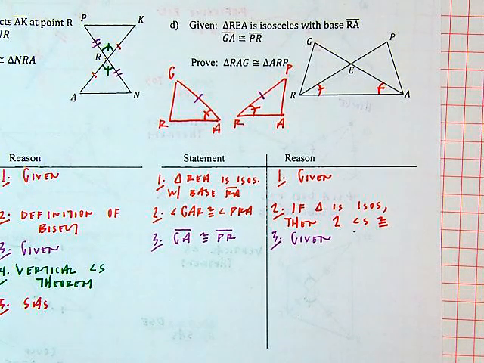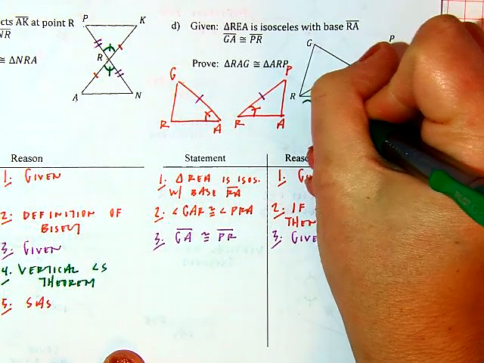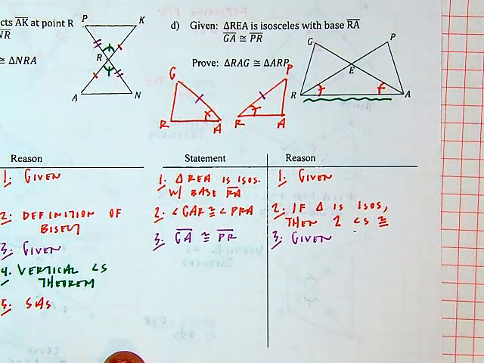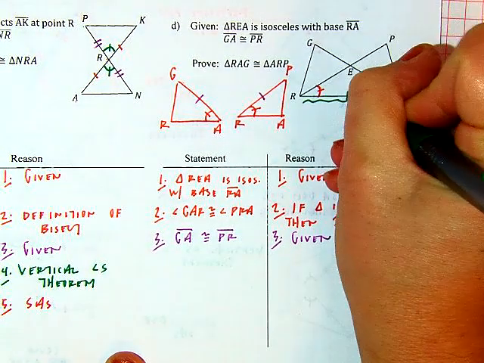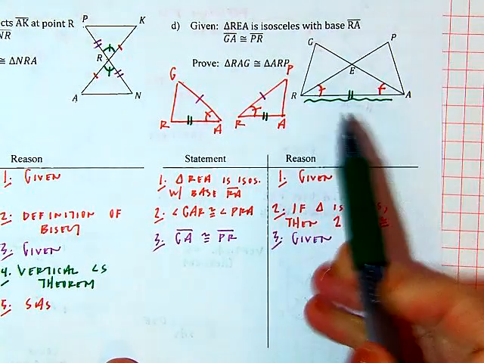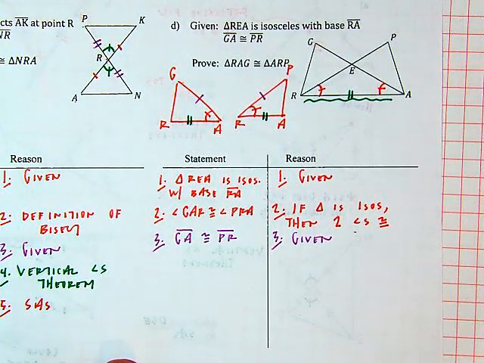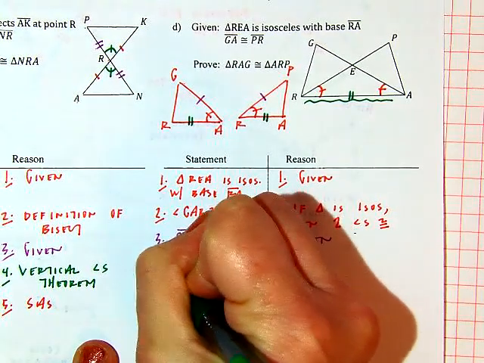So right now I have two pairs of corresponding sides that are congruent, one pair of corresponding angles that are congruent. So I need to look for my other pair of sides. And what I should recognize is right down here, this side right here, RA, is the same side for both triangles. So I'm going to give it a little tick mark here, double tick mark, and then add that to my picture over here. Right? This is the same side for both of those triangles. So again, reflexive property, I just have to figure out what's my order.